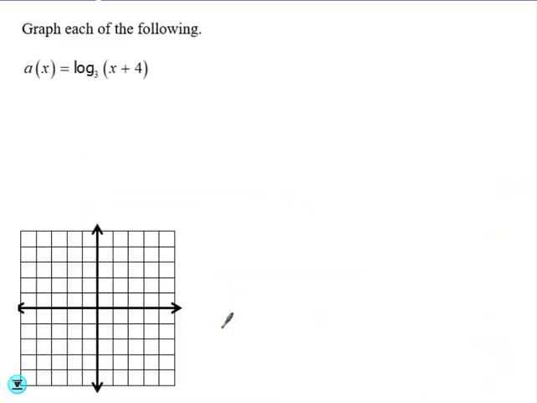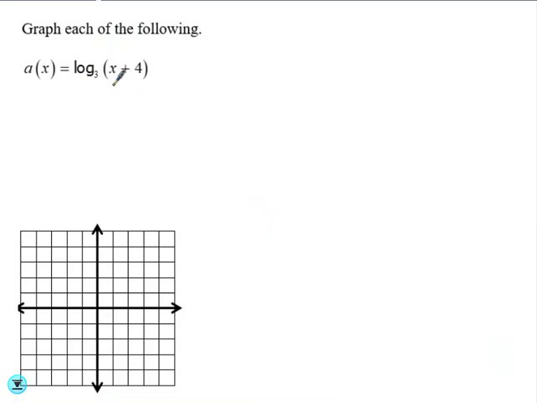Now let's look at a couple more graphs. Our general form for a logarithmic equation is very similar to what we had for an exponential equation. If there is a coefficient in front of the log, that's going to stretch the function. We have x minus h in the parenthesis, and then any number added to the end would be our k value.